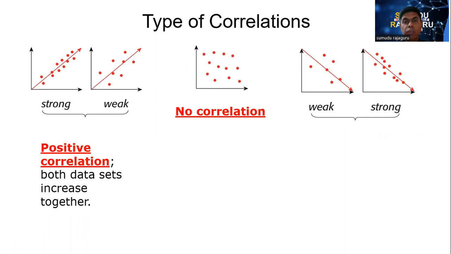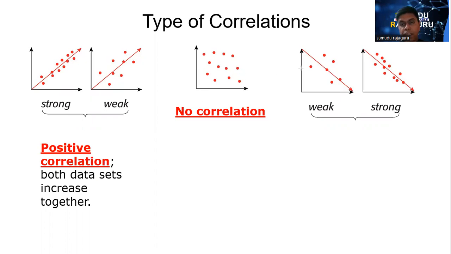It is difficult to draw the best fit line. Someone can draw a best fit line like this, someone can draw it like this, so it is very difficult to assume. This kind of thing we call no correlation.